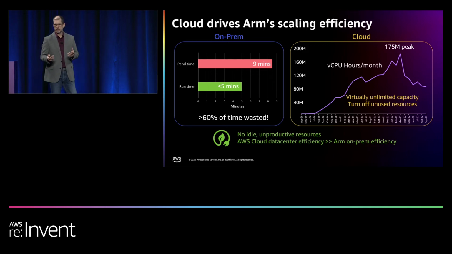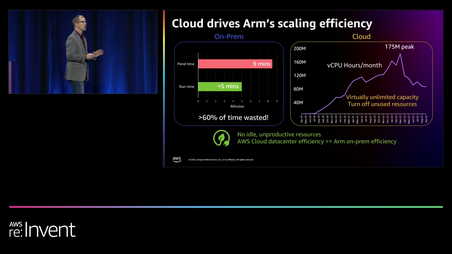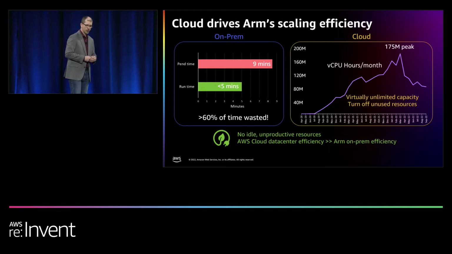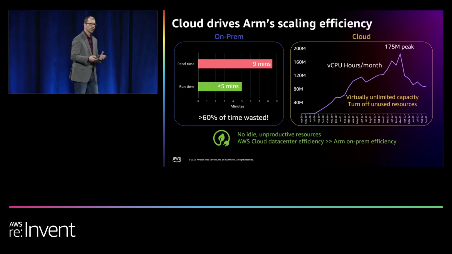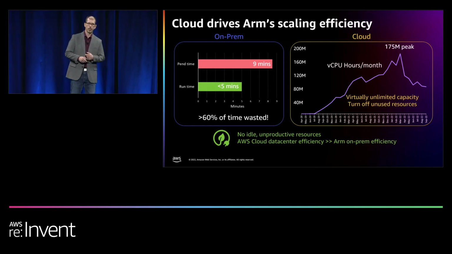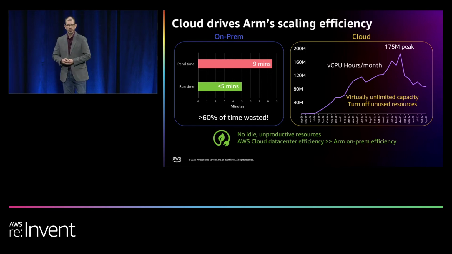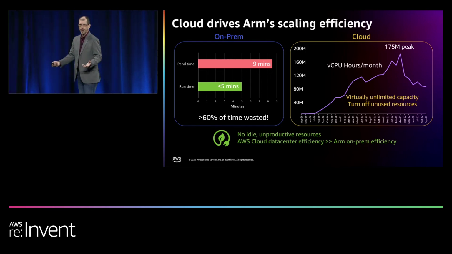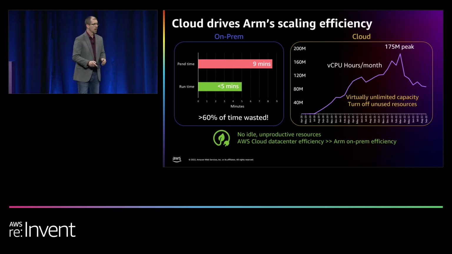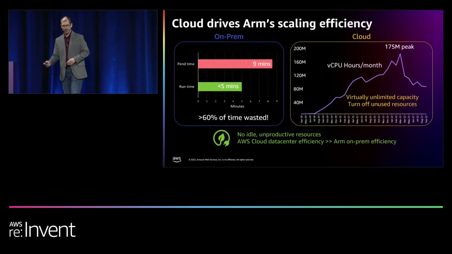From a people efficiency standpoint, our engineers are no longer constrained by our compute. So the beauty of cloud is we have gone from being compute constrained to being engineer constrained. It's a good problem to have. And by the way, we are hiring.